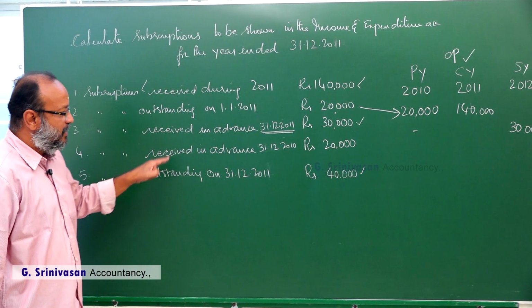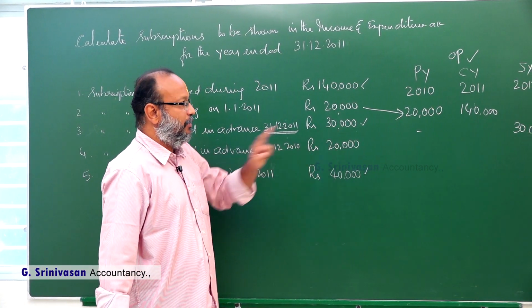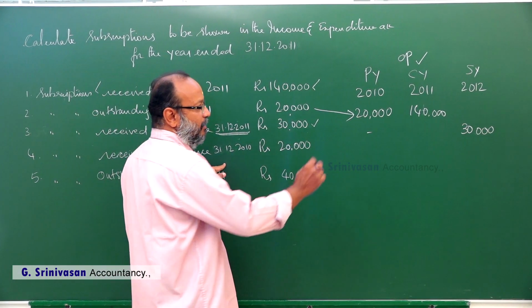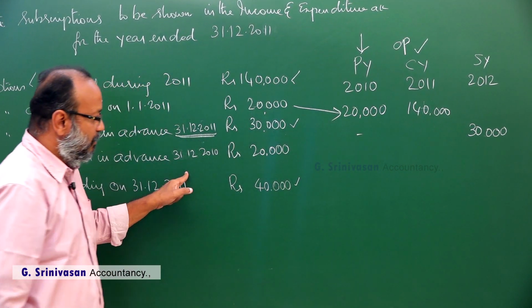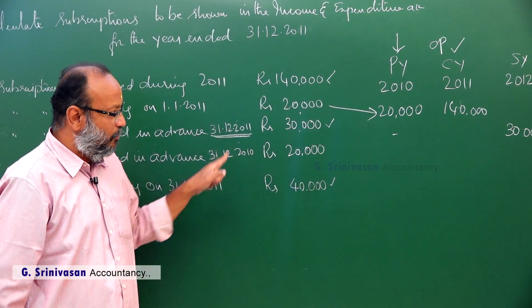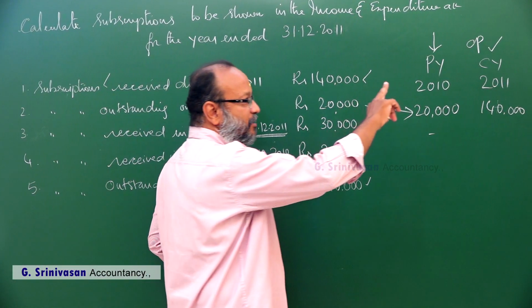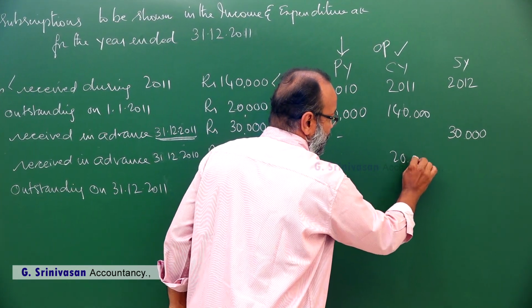Fourth one, received in advance on 31/12/2010, rupees 20,000. Received in advance 31/12/2010. Now, previous year closing. We have received 20,000 in advance. That means it is related to the next year. The next year of previous year is the current year. So, you add this 20,000 over here.